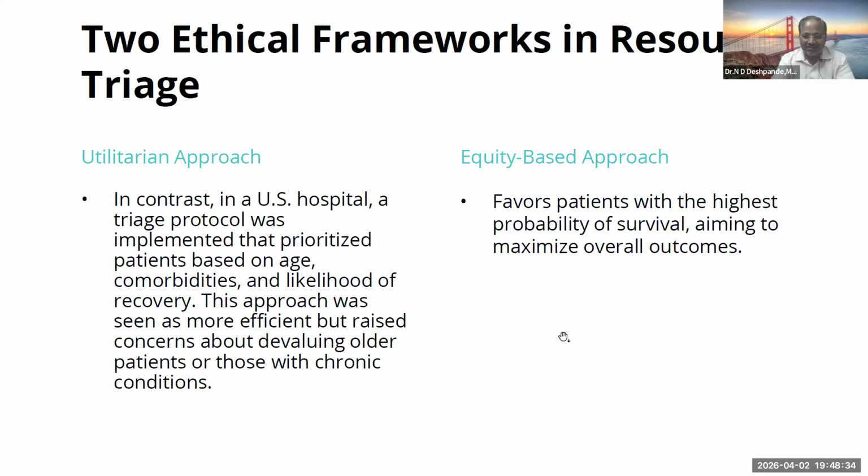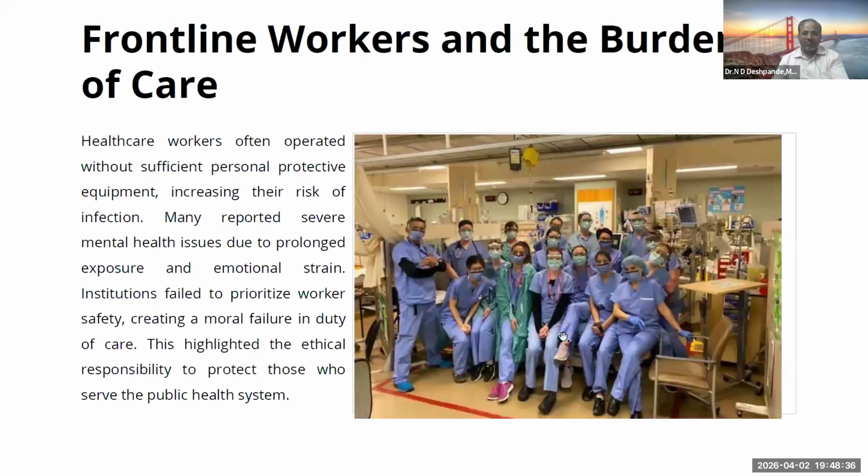for which ideal circumstances. Now, another thing is during the COVID-19 pandemic, frontline workers and the burden on each one of them, they had to slog a hard number of hours daily. So, healthcare workers often operated without sufficient personal protective equipment, increasing risk of infection. So the circumstances under which they were working, PPEs were lesser.